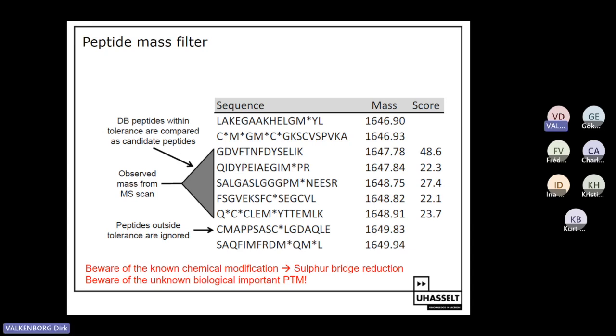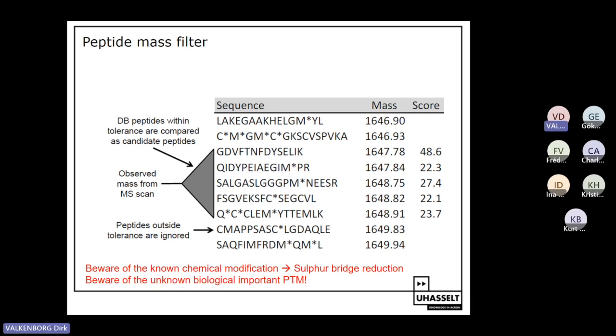For example, if we know that we have reduced and alkylated our cysteines with carbamidomethylation, this will add approximately 57 Dalton to the peptide mass. So if we believe that a certain spectrum could be the result of a peptide that contains a cysteine, then we first need to subtract 57 Dalton from that mass and then filter our peptide database to see if there are peptides that contain cysteine in that region and consider those peptides as well.